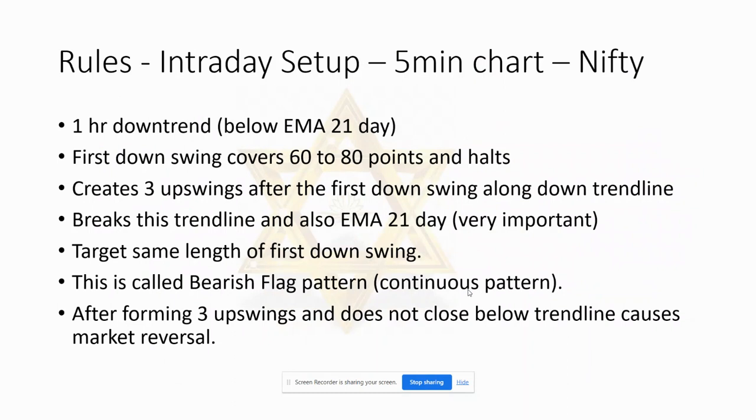If it goes up, then we can take this fourth swing. You can take an entry at the end of the green candle, so that you'll be able to capture the trend reversal and complete the swing on the upside. So this is what we are discussing about the Nifty intraday setup, bearish market setup number two.